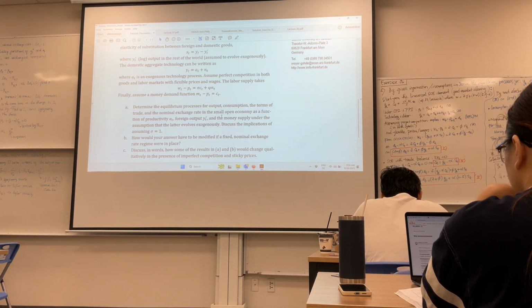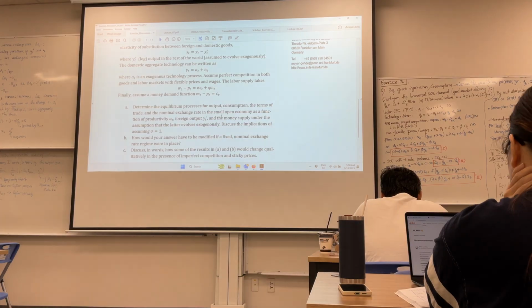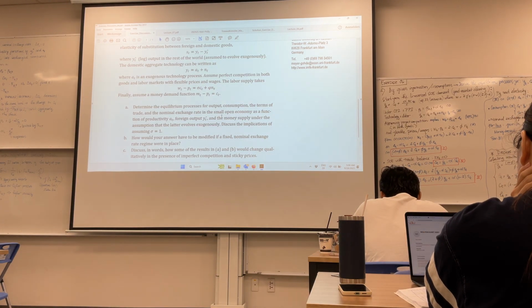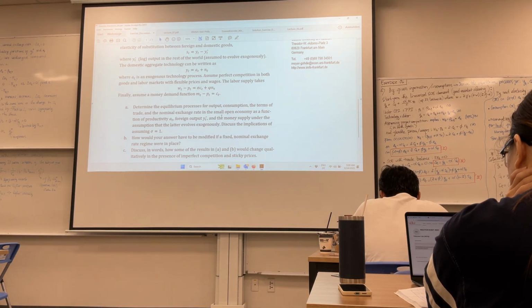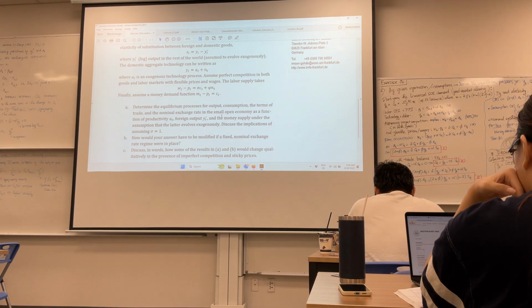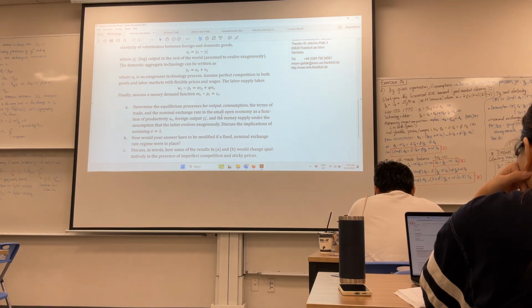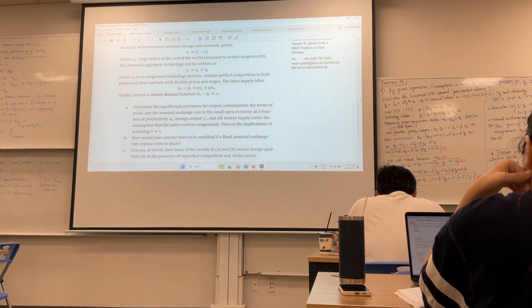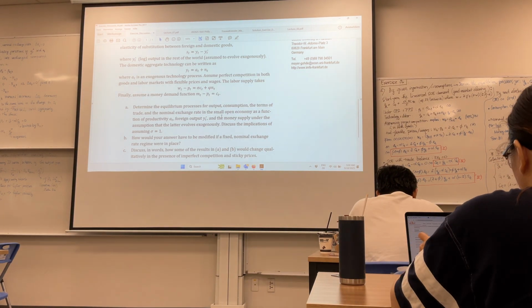We have consumption, and because of the way terms of trade are defined, consumption and the exchange rate don't depend on this sigma, or on the fact that they depend on domestic output.